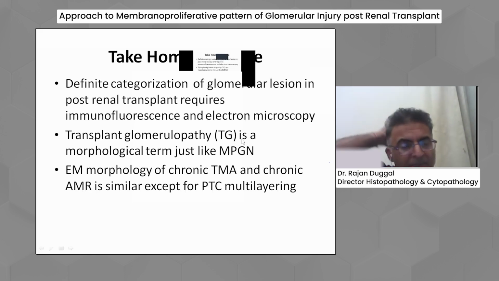Looking at the TMA, you can't say that this TMA is due to AMR, or due to CNIs, or due to recurrent HUS or TTP. It is only based on assessing the complete biopsy. Based on that assessment, you may say, as I've told you, 2 out of 10 glomeruli or all 10 glomeruli. So it is just an assessment, but the majority of the time, when you correlate with the trough levels and everything, it turns out to be correct. So I think it works well when I report my cases.